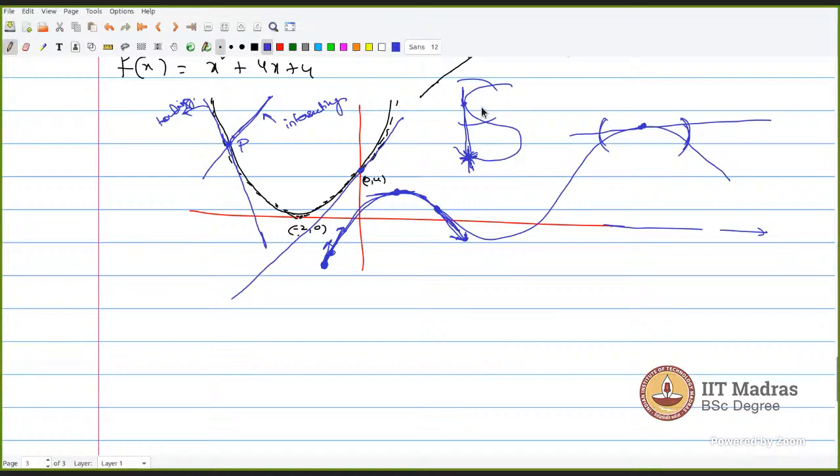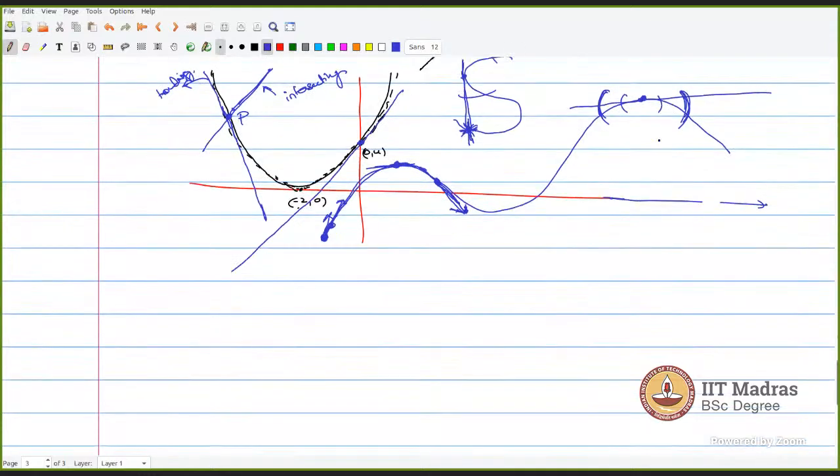Actually, tangents are defined like that. A tangent line is a line that touches at exactly one point around some interval of that point. A smaller interval, it can be very small. So these are some tangent lines.